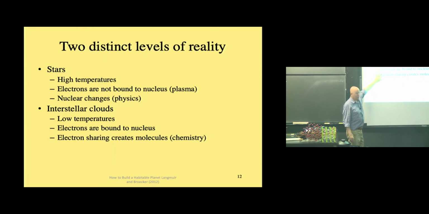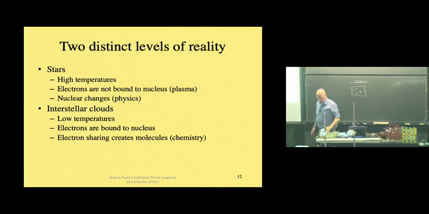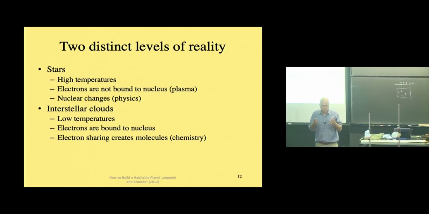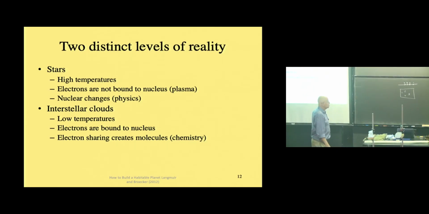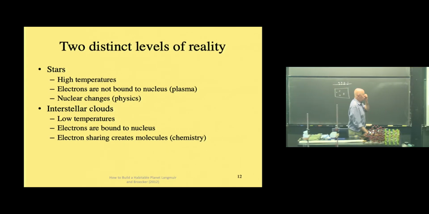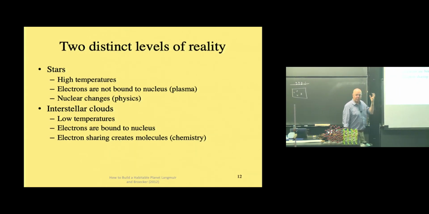The electron sharing creates molecules, and we have a whole different series of laws that apply in the planetary world that are completely violated by the stellar world. It's a completely different level, a different dimension of reality. And the black hole world is going to be a whole different dimension of reality relative to the world that we see in stars. When you get to the fundamental particles that make up things like protons and neutrons, there's a whole different set of laws that apply there that are absolutely impossible within the stellar world.